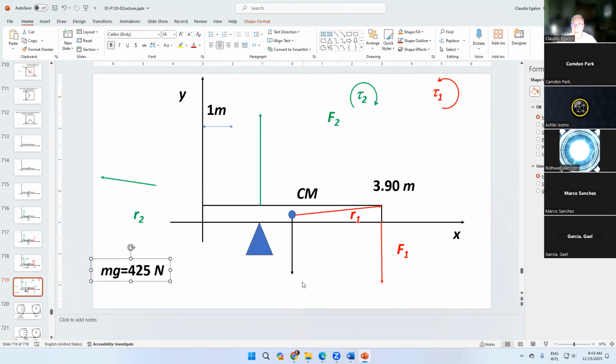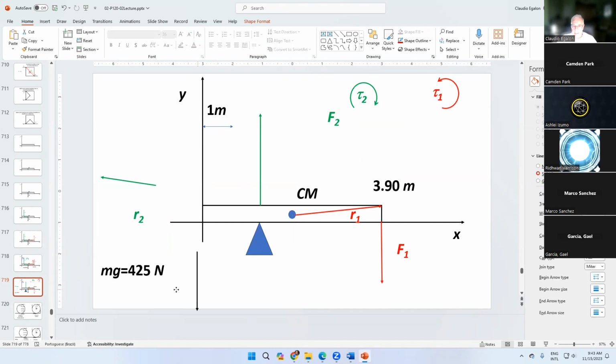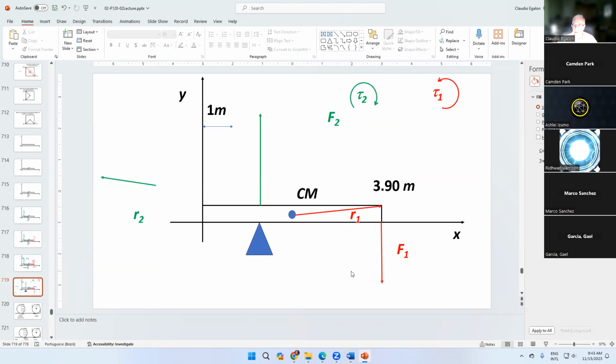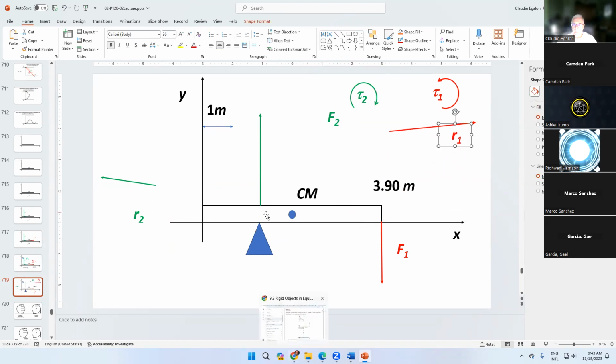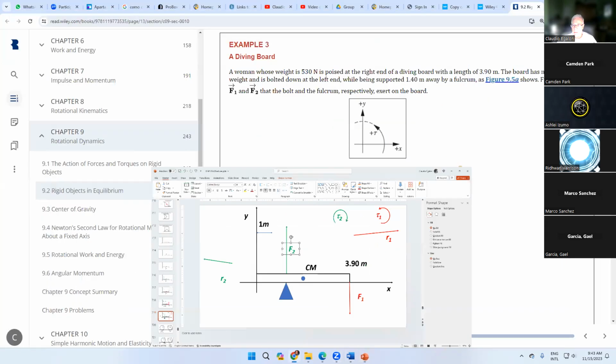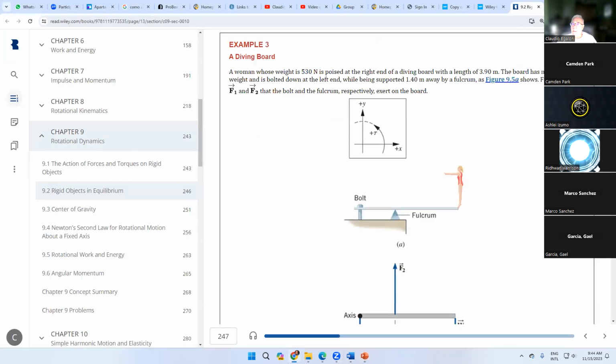The board has a negligible weight, so you don't need to consider the weight of the board. I'll put this one aside here as well. So this fulcrum is applying a force on the board.